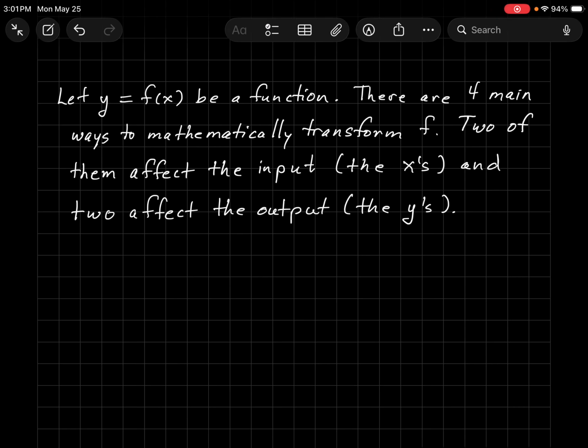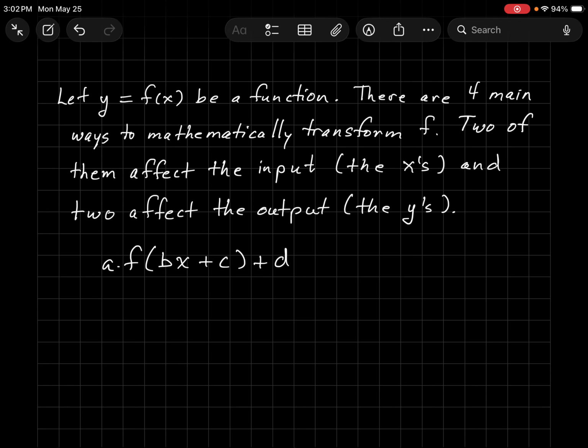So the four main ways to mathematically transform f will be written with different variables, a, b, c, and d. And each one of these will affect a function slightly differently.